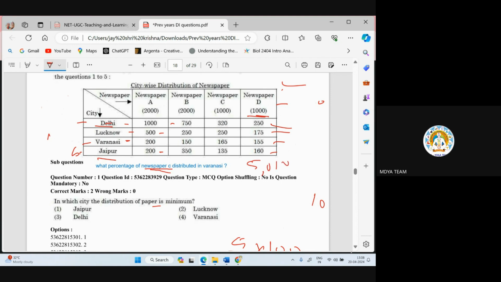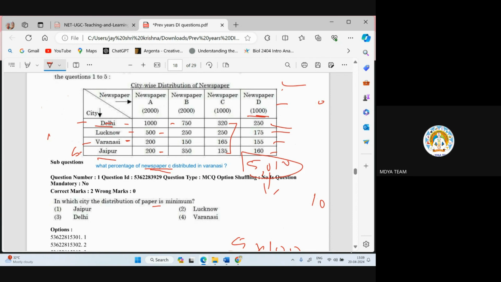Out of this 5010, how much newspaper C was distributed? Just calculate the total number of newspaper C. It will be around 870.